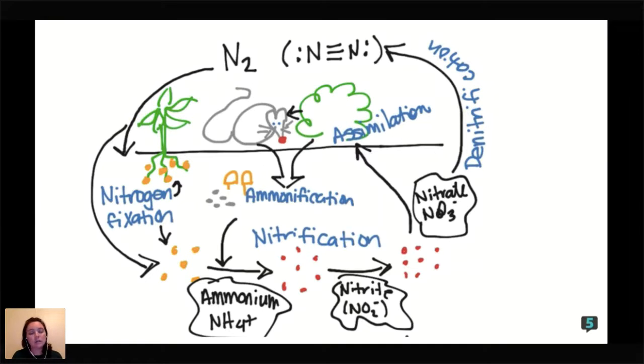But it's been really important in our agriculture. Because we figured out how to do this, we have been able to feed millions more people on Earth. That and a couple of other pieces of technology. So humans have been interfering in the nitrogen cycle as well.